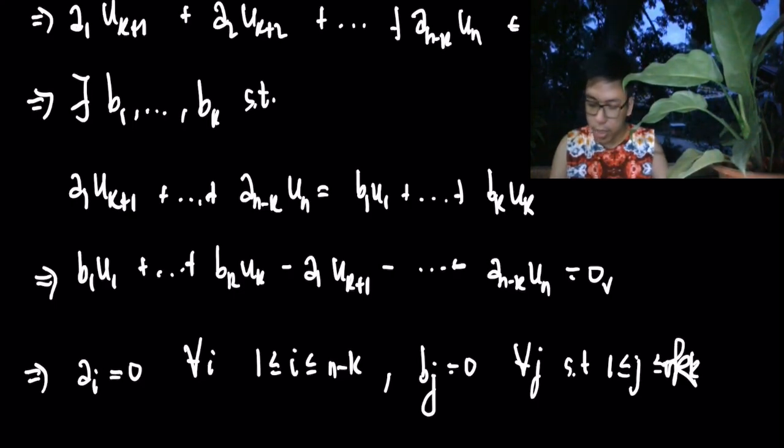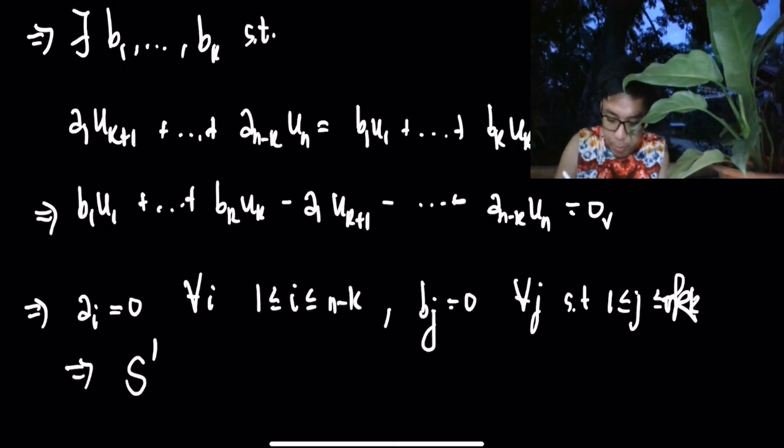No, it's K rather. Hence, S prime is a linearly independent set of vectors.